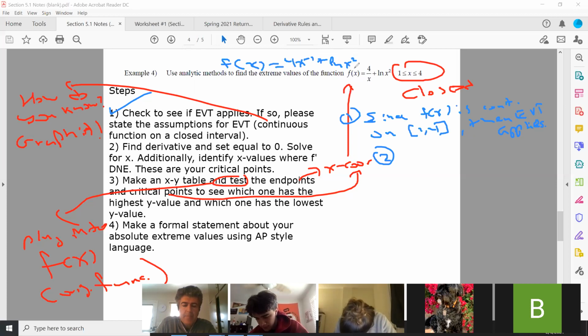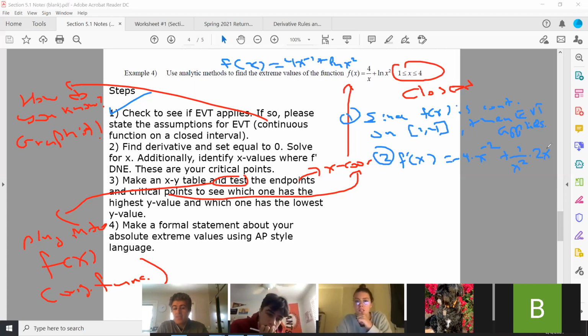So when you do that, you're going to do f prime of x equals negative 4 times x to the negative 2 power plus, now it's ln, so you have to do 1 over x squared, and you got to do a chain rule times 2x. In case you guys forgot chain rule, you got to do that.